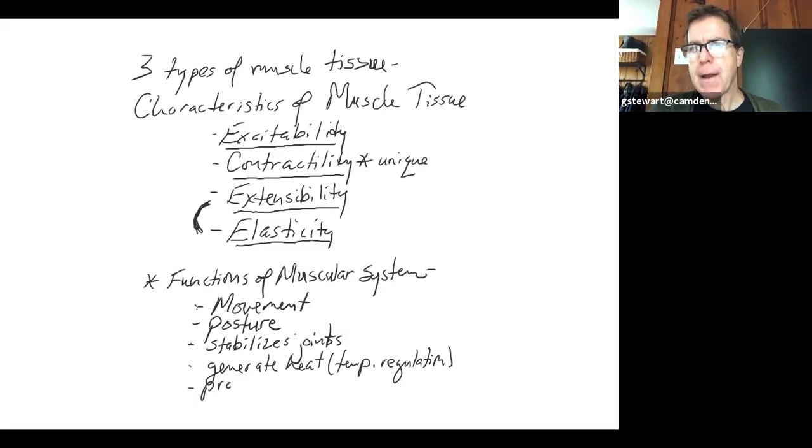A few added functions that I don't know if they're in your textbook or not, but muscles can provide protection. Your and my abdomen, the organs in our abdominal cavity, don't have a lot of bones around them for protection. It's the muscles in our abdominal region that actually protect those organs. So protection is one. Regulation, I'm just going to put regulate valves.